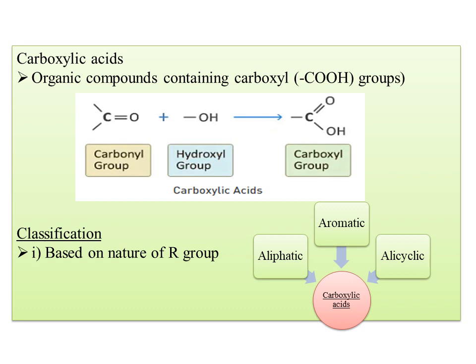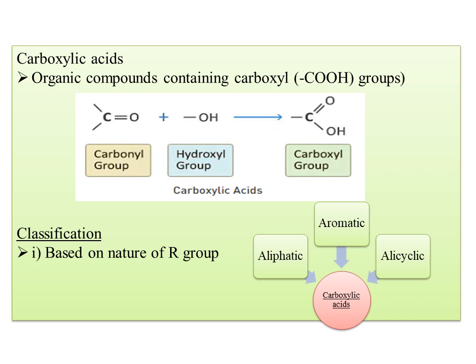Now let us see the classification of carboxylic acid. Based on the nature of the R group, we can classify carboxylic acids into aliphatic carboxylic acid, aromatic carboxylic acid and alicyclic carboxylic acid.